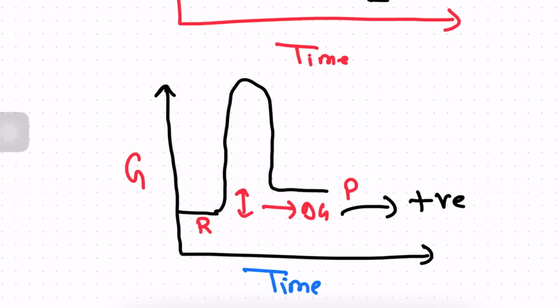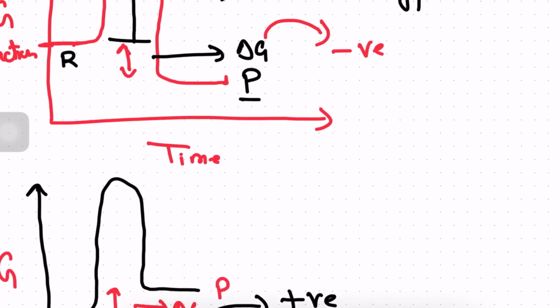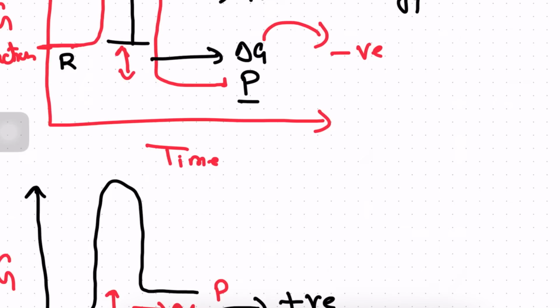So hopefully you have seen the graph and you are able to understand this. Now if you remember, in my previous class I told you if the value of delta G is negative, it means the reaction is exergonic.